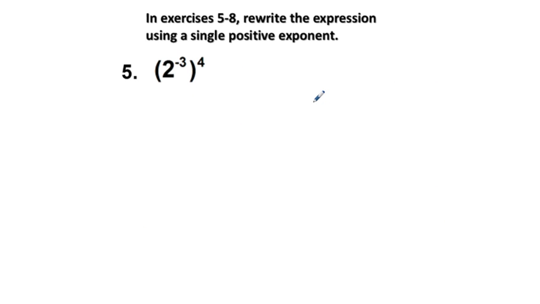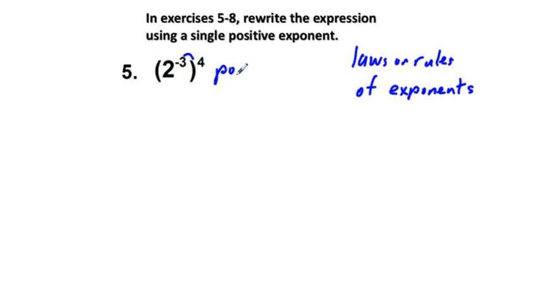In exercise 5 through 8, rewrite the expression using a single positive exponent. And so for this, we're going to be really getting a refresher on our laws or rules, we call them sometimes, of exponents. And I don't know how much time you spent last year in Algebra 2 with laws and rules of exponents, but essentially we're going to combine, this is called the power rule, the power of a power.